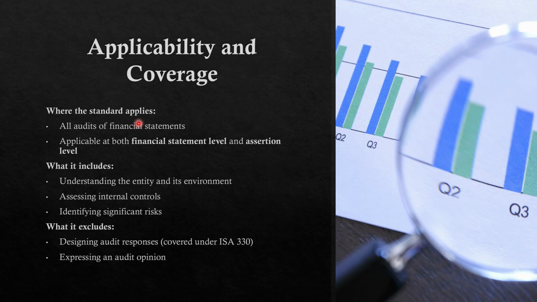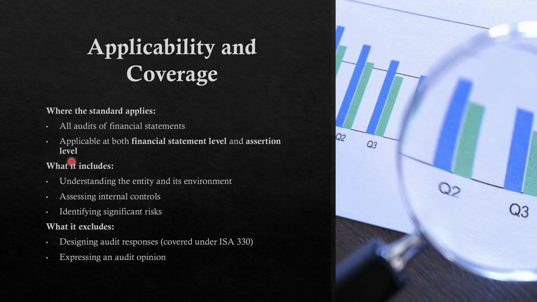Okay, so ISA 315 applies to all audits of financial statements, regardless of the size or the type of organization. It operates at two levels: the financial statement level, which looks at overall risks affecting the entire financial statements, and the assertion level, which focuses on specific account balances and transactions.